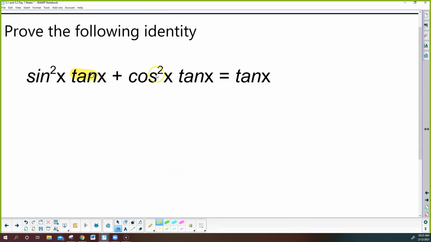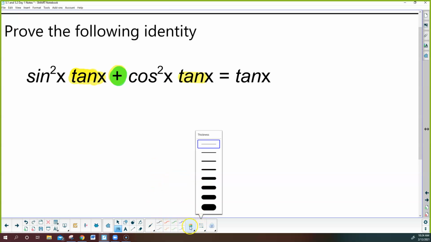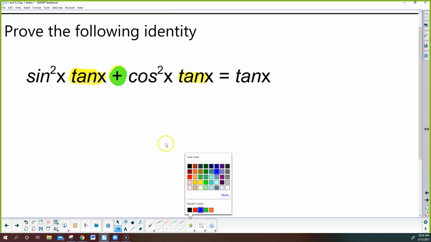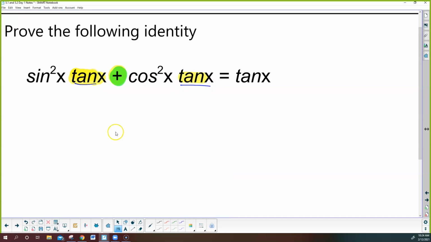One of the things you can do is notice when you have two pieces being added together, because it's addition, if you look on both sides of those equal signs, what do they have in common? They have a tangent. And this gives evidence to why we practice all the work we did before. I can factor out a tangent of x.